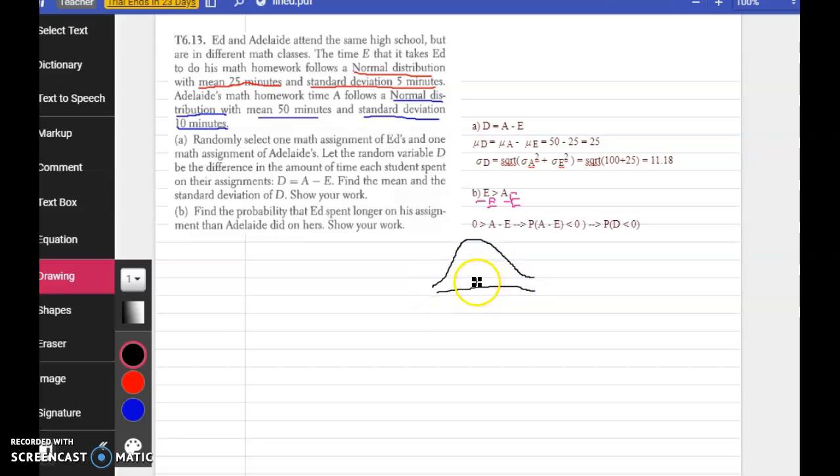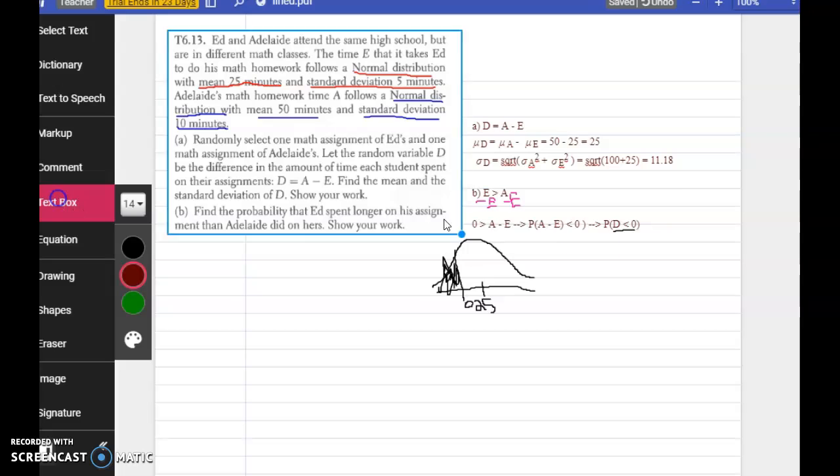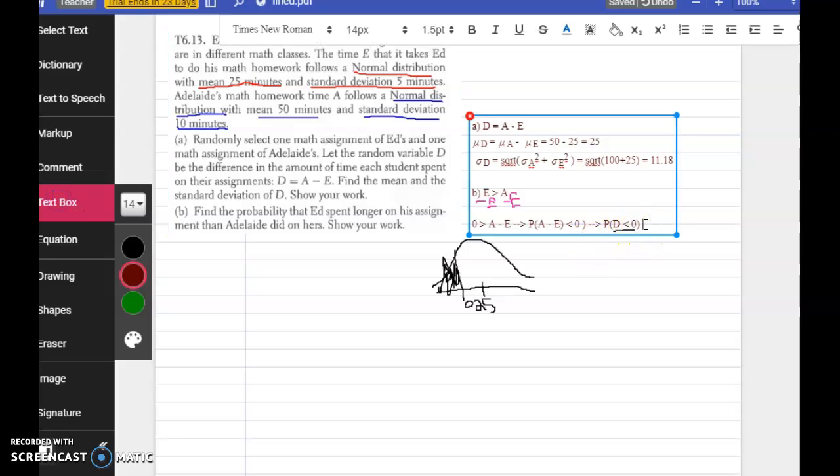Much harder to write with my finger. The mean of this normal curve is the mean we found in part A, so 25. And if I want to know the probability that that is less than 0, 0 is somewhere over here. And less means shade to the left. Wow, it's great shading. And I'm going to calculate that just using a norm CDF. So I'm going to do norm CDF.